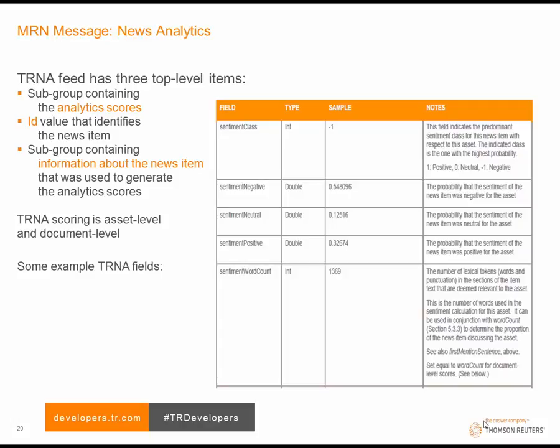These will apply both to asset level and document level news analytics. And on the right, you can see example feeds: sentiment negative, sentiment positive. Another very important item that we often look for is relevance. How relevant the score is to a specific asset.